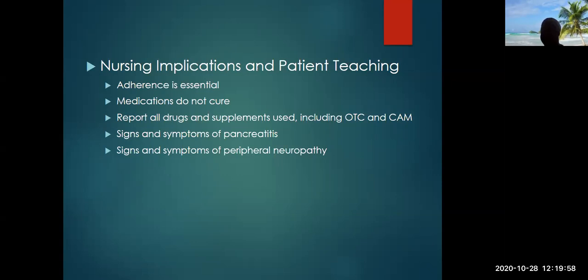I forgot what the CAMs are. Okay, signs and symptoms of pancreatitis, signs and symptoms of peripheral neuropathy. So you want to make sure that you teach them the precautions and the injuries, because these drugs can induce peripheral neuropathy. So you want to make sure you know your signs and symptoms for that.